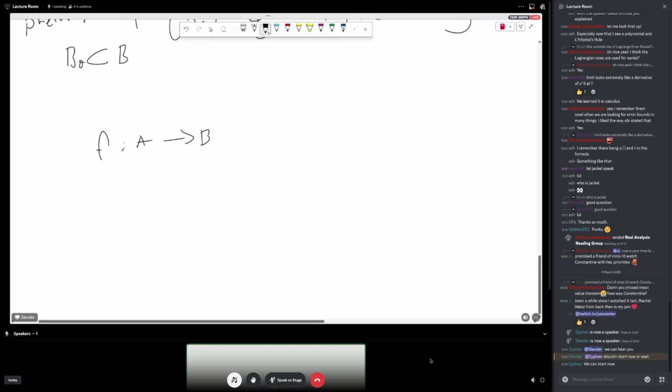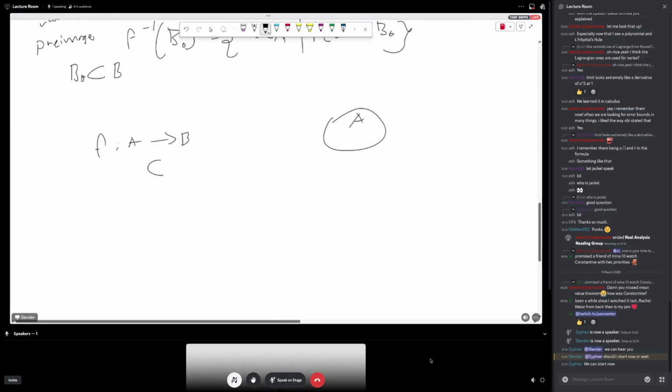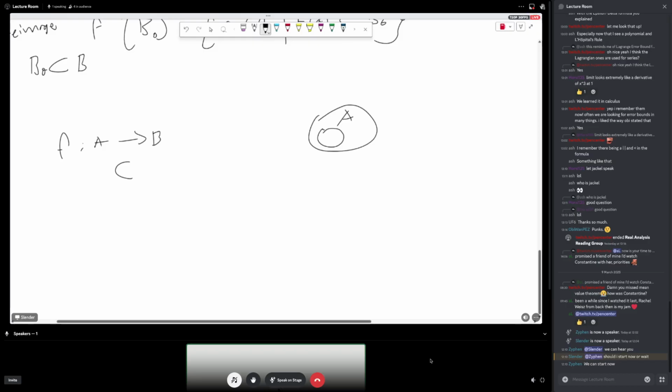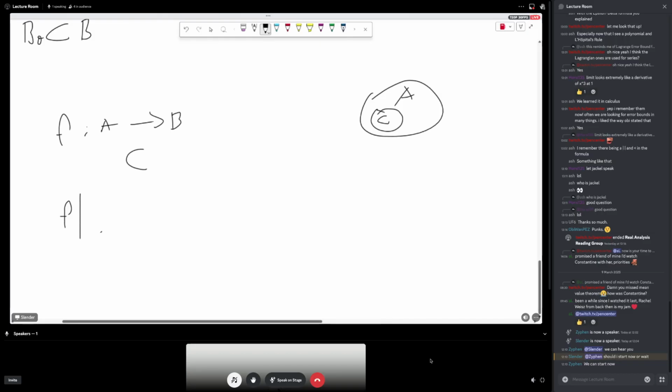Let's say we want to restrict this function to some subset of A, let's say C. So for example, this is A, the function's domain, and this is the subset C. We want to restrict the function to just C. So we can use this notation here, this vertical bar and C.